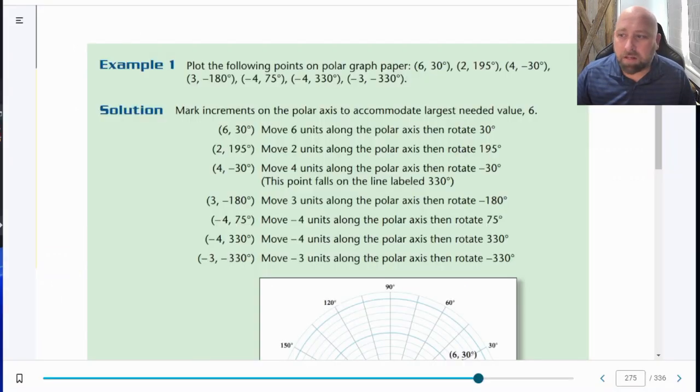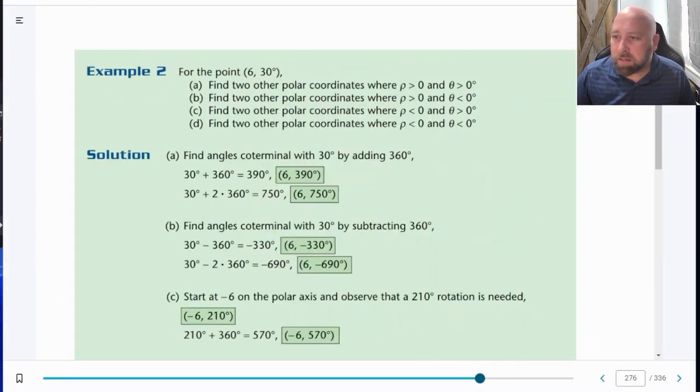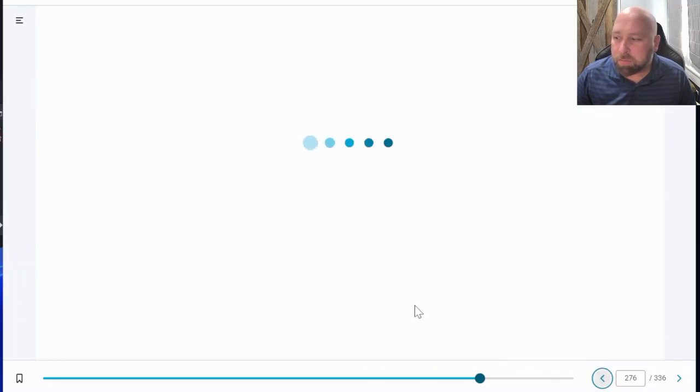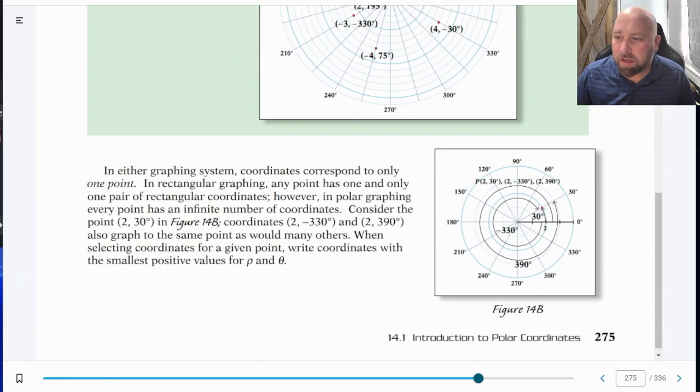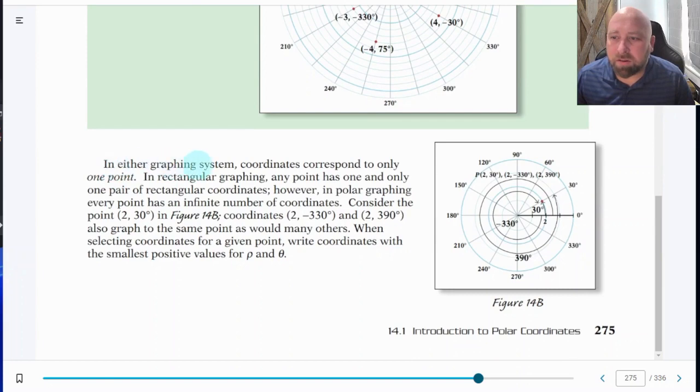All right, last thing that I want to do here, let's go to the next page. Actually, let's go to the bottom of that same page, 275. Notice it says here, in either graphing system, coordinates correspond to only one point. In other words, when you have a coordinate, that's all there is to it. It's at that point. But in rectangular graphing, any point has one and only one pair of coordinates.